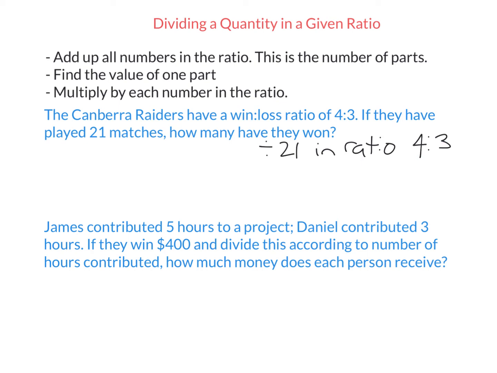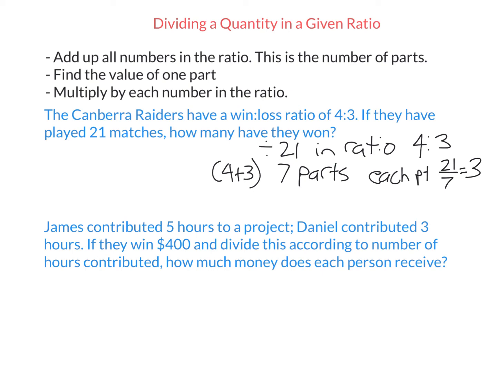Here there are 7 parts in total because 4 plus 3 is equal to 7. So if 7 parts is equal to 21, each part is going to be worth 21 over 7, which is 3. Each part represents 3 games.